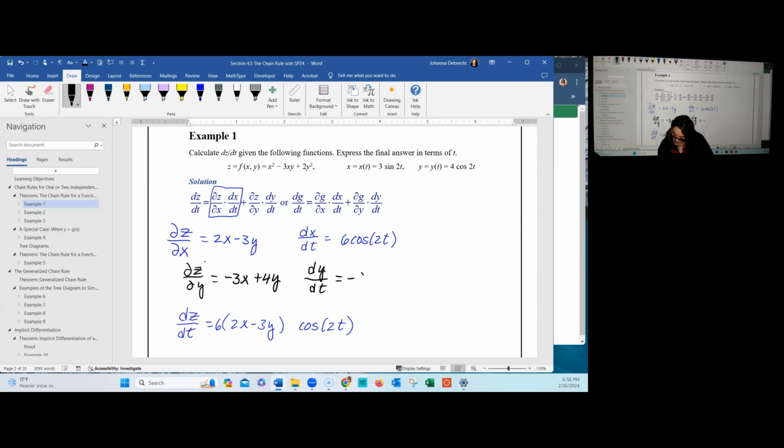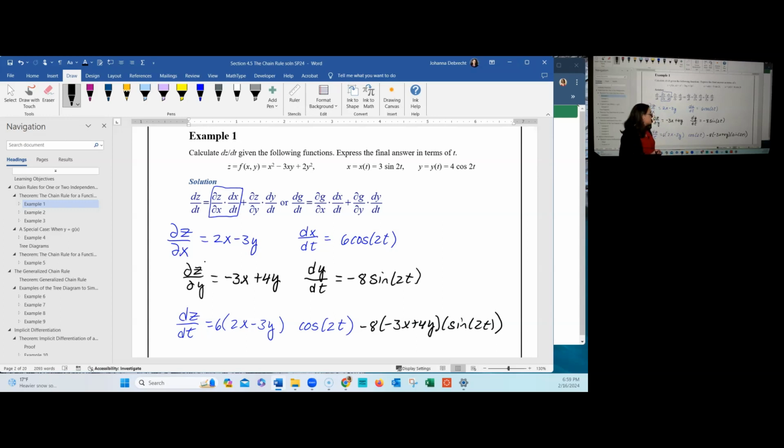This will give us a negative 8 sine of 2t. When we multiply those two factors together and combine them with the other, we get the following. Negative 3x plus 4y multiplied by a negative 8 sine of 2t. This gives us an expression for the first derivative of z with respect to t.